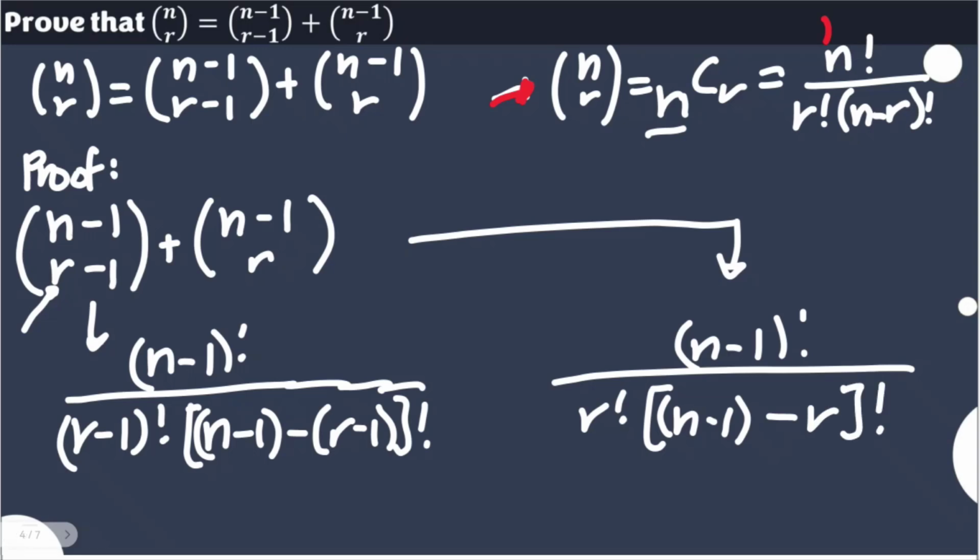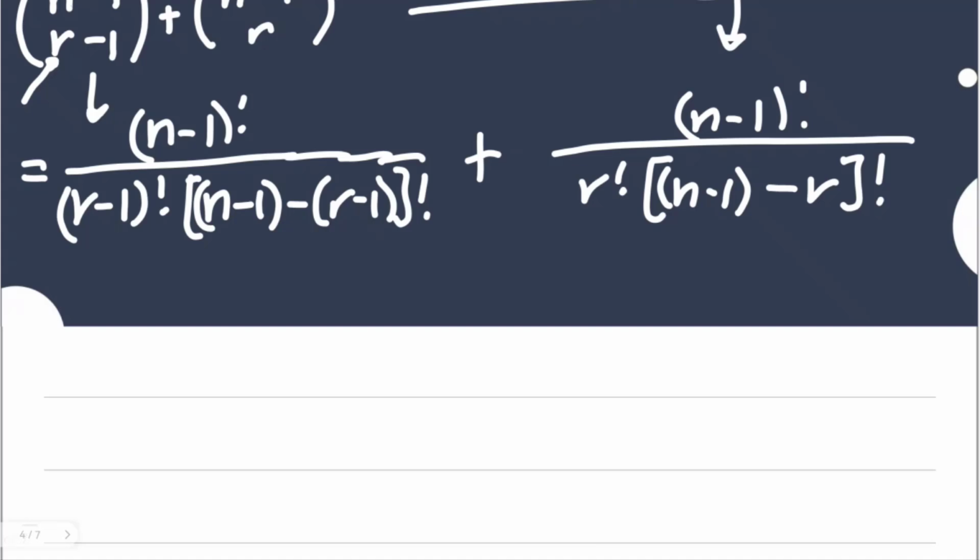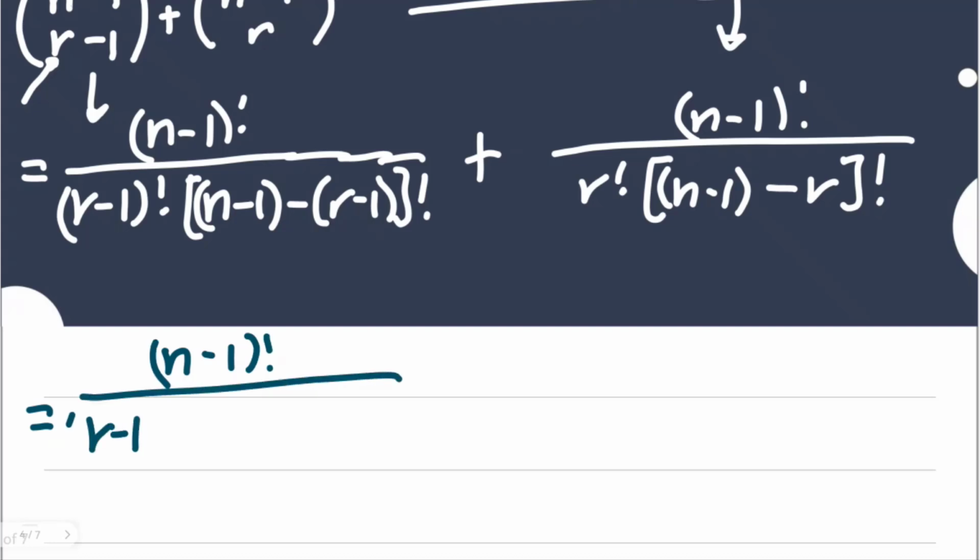Okay, so hopefully we are following the expansion. Take note that we are going to add them up. Let's simplify them step by step, and let me use another color here. You will have n minus 1 factorial, let me rewrite it so that you can see this clearly, over r minus 1 factorial times, removing the grouping symbol preceded by a negative sign, n minus 1 minus r plus 1 factorial.